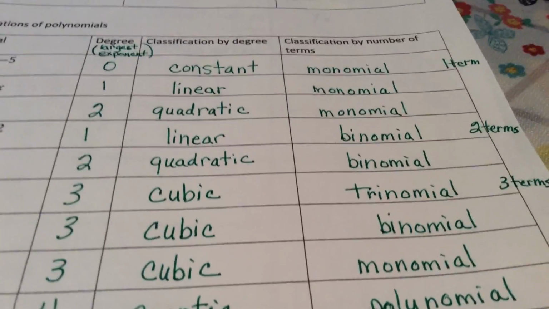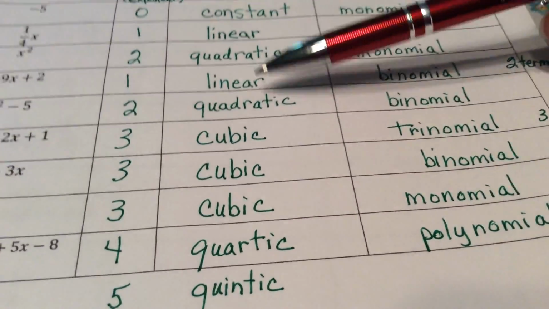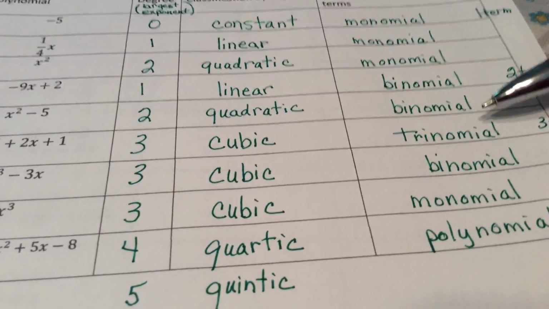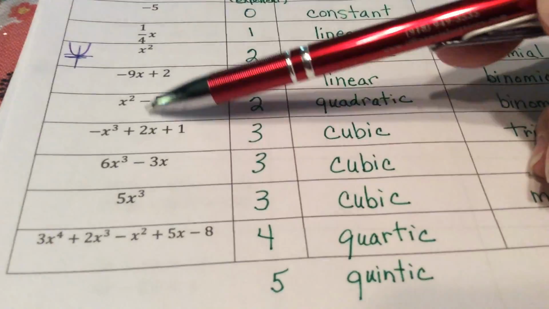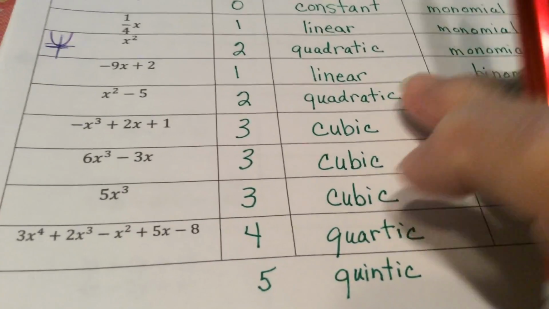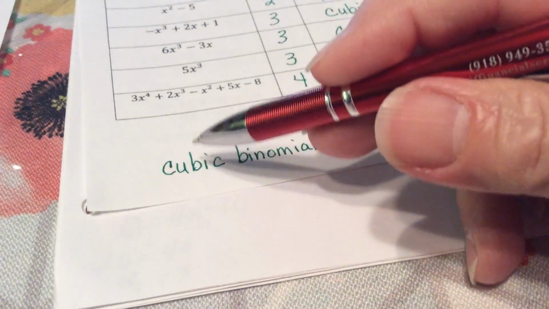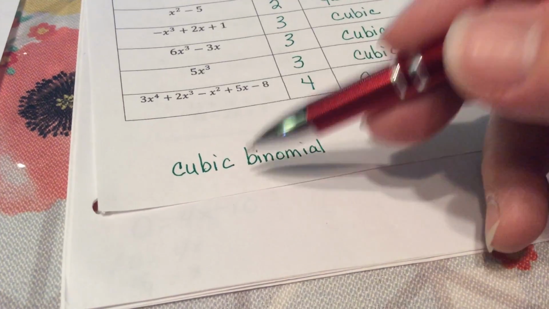Now, on your assignment, you're going to be asked to give me an example, and you can make this up, of a quadratic binomial. Then you would write something that has a second power, and you make sure it only has 2 terms. Down here, if I were to make up a cubic binomial, cubic means my highest degree is going to be a 3.